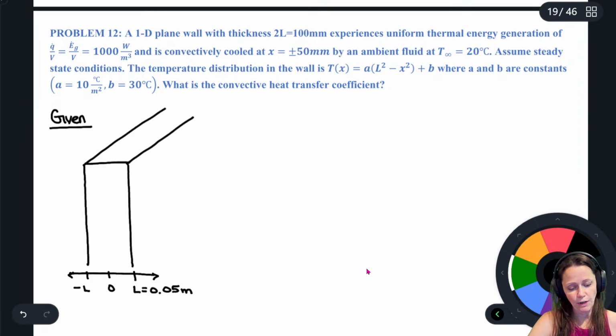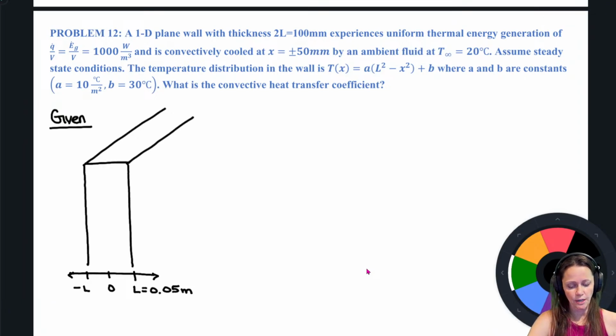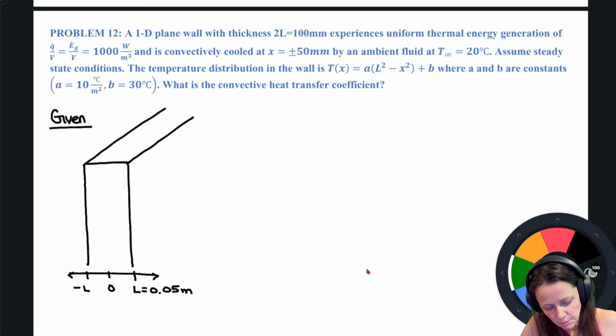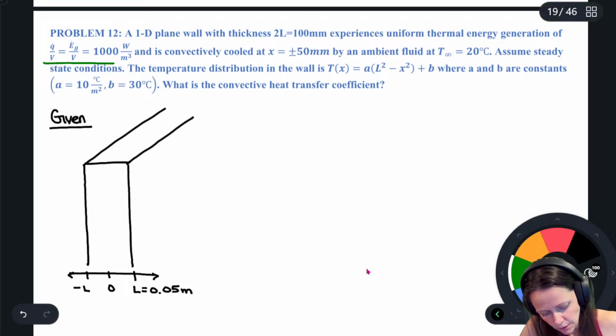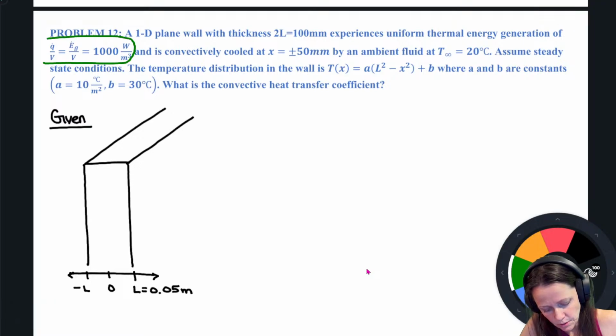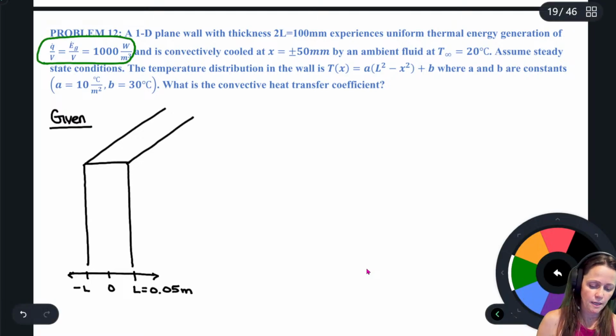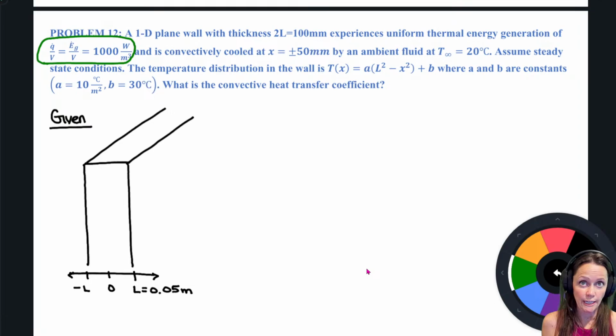And then it says we've got thermal energy generation of 1,000 watts per meter cubed. And I wanted to make sure that the nomenclature was clear. So this is a volumetric heat generation rate term, in terms of watts per meter cubed. So it's not E dot G, it's E dot G per unit volume of this plane wall.